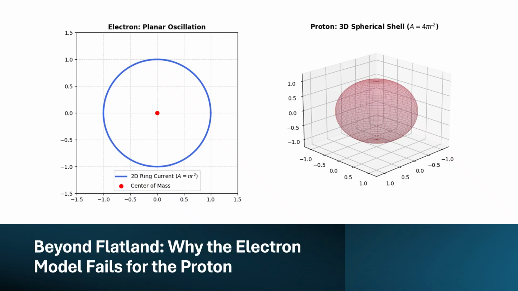That's the basic thing you need to remember from the area formula for a 2D ring current: the area is pi times the square of the radius of the oscillation. For a shell, you have a surface area of 4 times pi times the square of the radius.